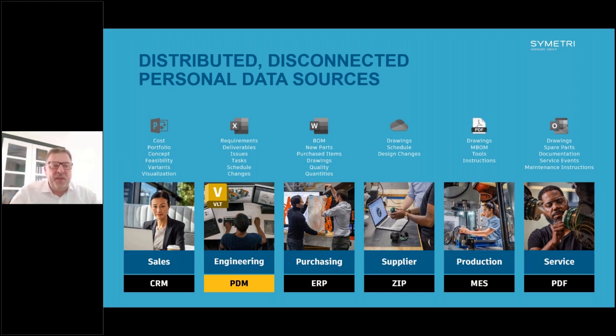But in order for them to do their jobs, they need information. The best example is purchasing. In order to purchase long lead items, we need a bill of material that's been delivered from engineering, probably from their PDM products. And we need to ensure that that data is accurate and up to date.